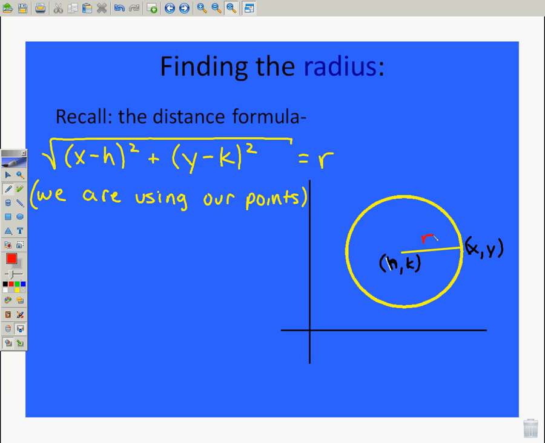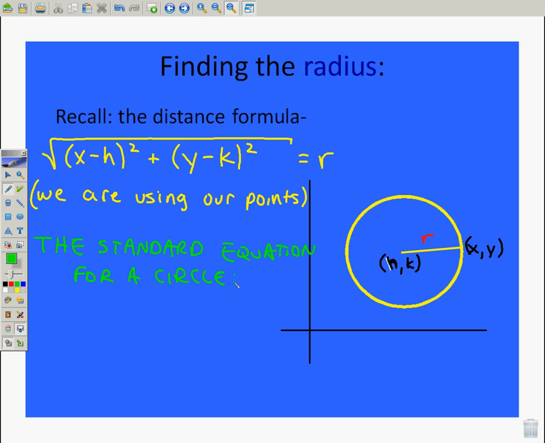And this is good for us because we don't want to know just one of the points on the outside of the circle. We want to know them all. And that's why we leave it general. And so in order to find the standard equation for a circle, here's the big finale of this slide. The standard equation for a circle looks like this.